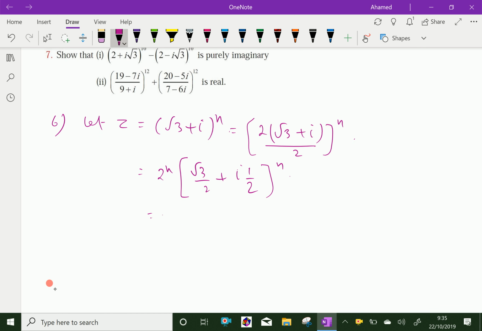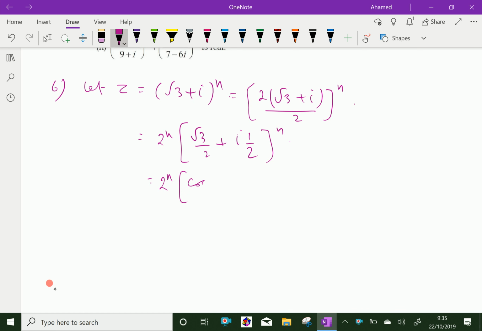Now here √3/2 and 1/2 give the trigonometric form cos(π/6) + i sin(π/6), because sin(π/6) is half.